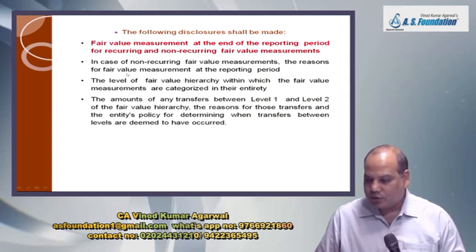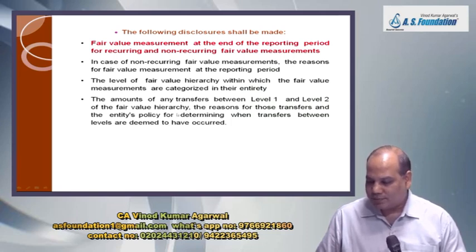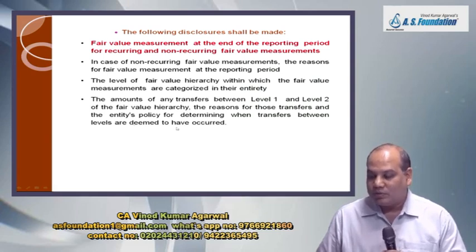The reasons for fair value measurement at the reporting date, the level of fair value hierarchy within which the fair value measurements are categorized in their entirety, the amount of any transfer between level 1 and level 2 of the fair value hierarchy, the reasons for those transfers, and the entity's policy for determining when transfers between levels are deemed to have occurred.